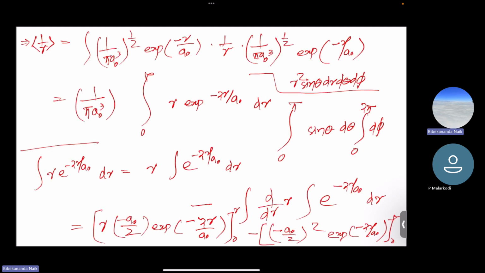Now if you talk about the first term, when we put r equal to 0 it is 0, and when we put r equal to infinity, due to the exponential term it becomes 0. So the first term becomes 0 for both the cases. Now the second term will be minus a0 square by 4, that will be taken outside, then e to the power minus 2r by a0, 0 to infinity.